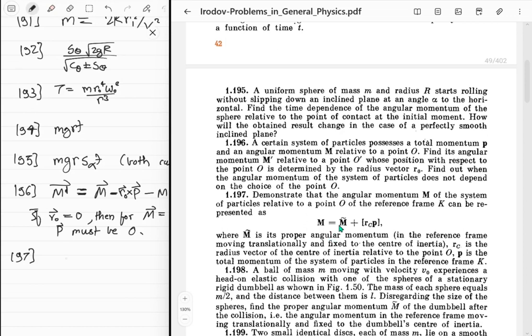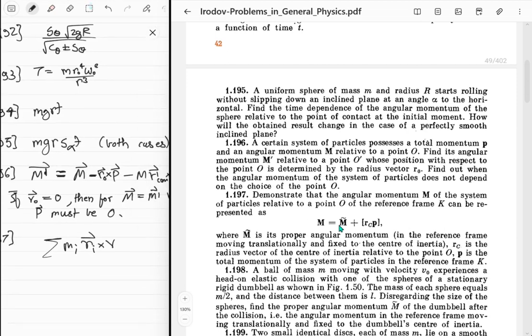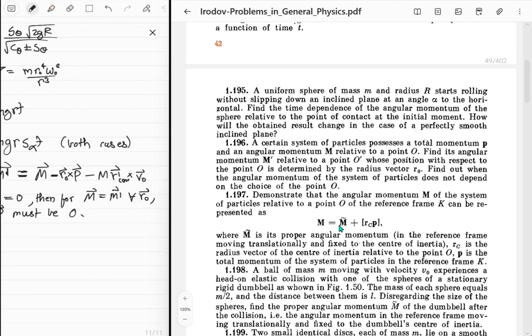Anyway, just do it. Summation of mi, mi vector cross b vector. You know what? Since we already have this formula, why not just use that? So what we could do is say that your original frame was the center of mass, so the proper frame.